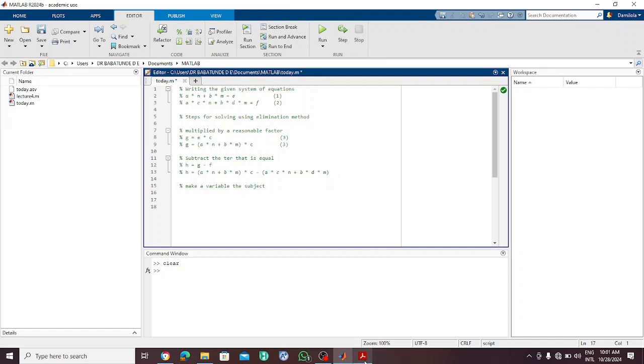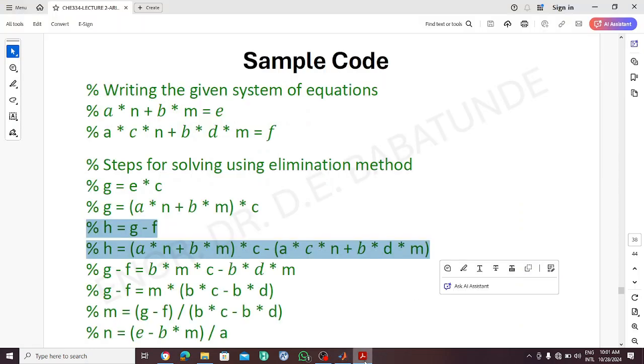So he has suggested that we make m the subject. In making m the subject, you have to be sure that what are equal have left the system, so that it's easier for you to make m the subject of the formula.